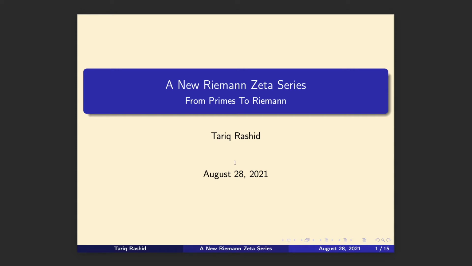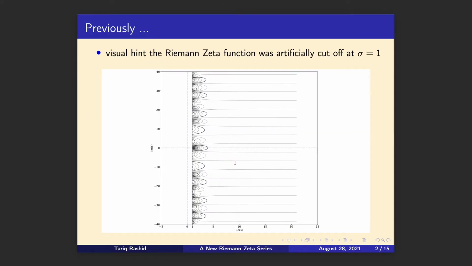And the last time we made a significant jump from looking at the Riemann zeta function along the real line, the normal numbers, to the complex plane.